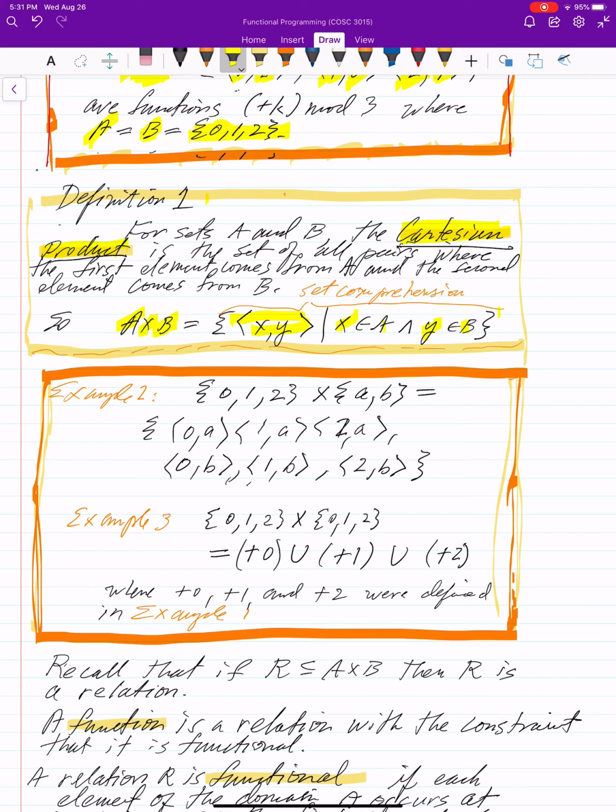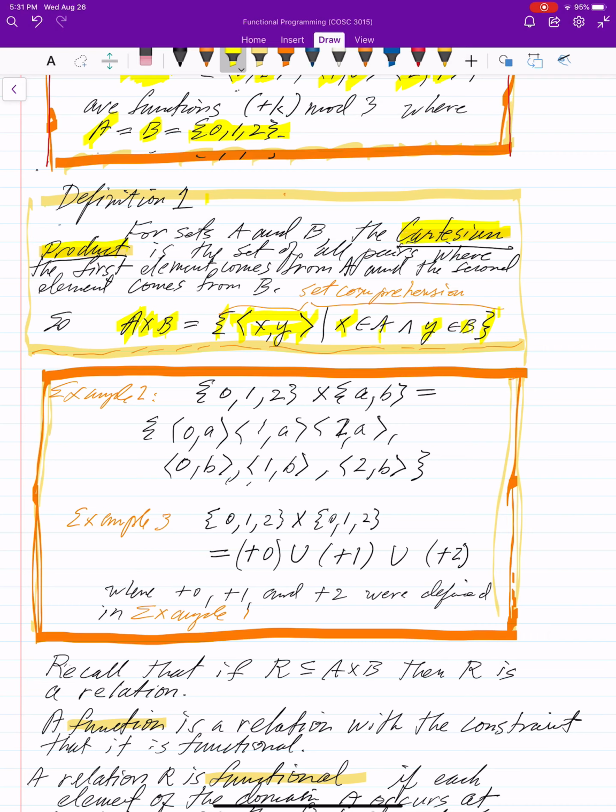And we're finding it useful for almost everything, for grouping things together. So the Cartesian product, A cross B, is the set, and we're defining this set by set comprehension. It's a set of pairs, and I'm writing pairs here with angle brackets, whereas in Haskell it's just parentheses. So it's a set of pairs ⟨x, y⟩ such that x comes from the set A and y comes from the set B.